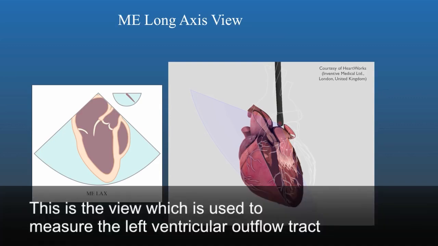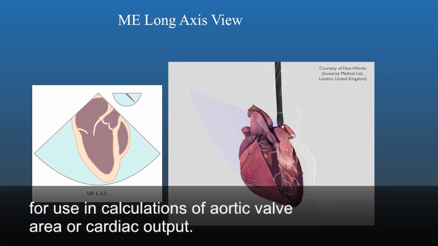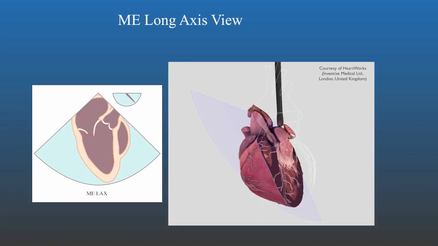This is the view which is used to measure the left ventricular outflow tract for use in calculations of aortic valve area or cardiac output, which will be addressed both in the hemodynamics modules and the aortic valve modules more fully. The left atrium, mitral valve, left ventricle, and typically part of the pulmonary artery can also be visualized in this view.